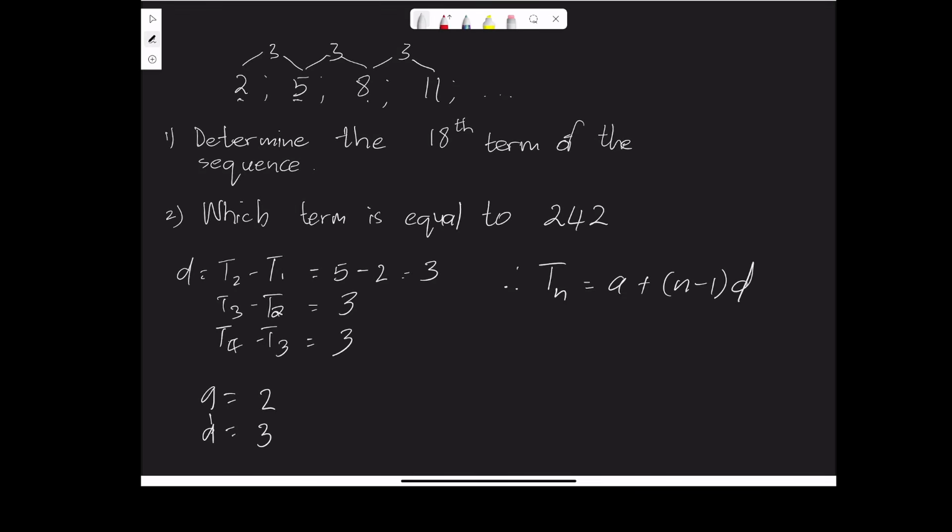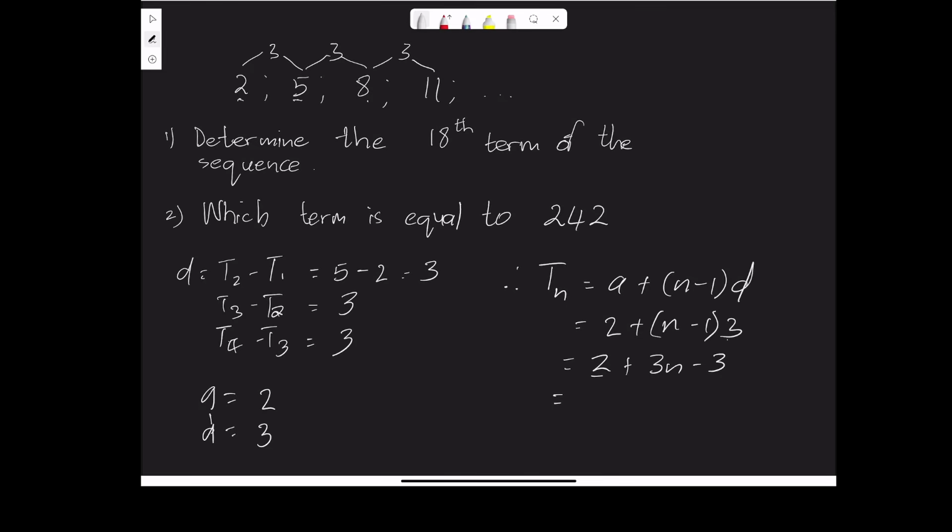So let's get the general formula for this and simplify it. We know our A value is 2, plus n minus 1 multiplied by 3. So this is going to be 2 plus, once again multiplying into the bracket, 3 times n, which is 3n, minus 3.